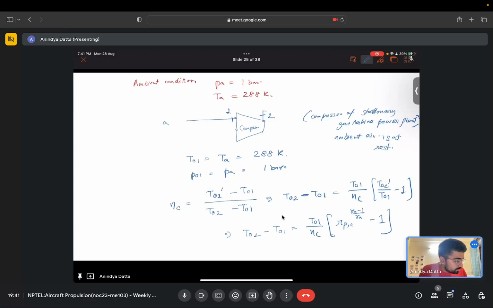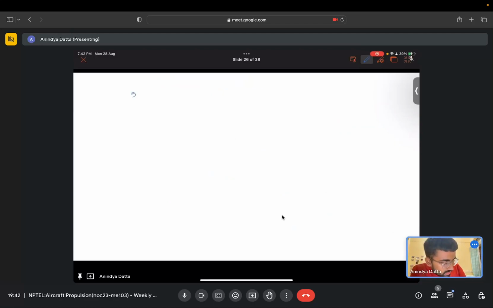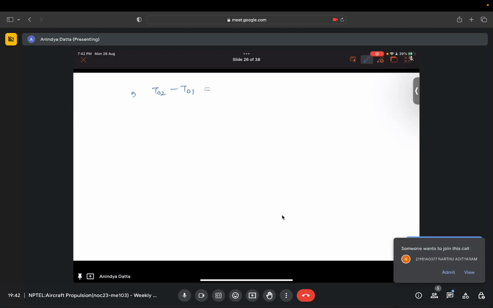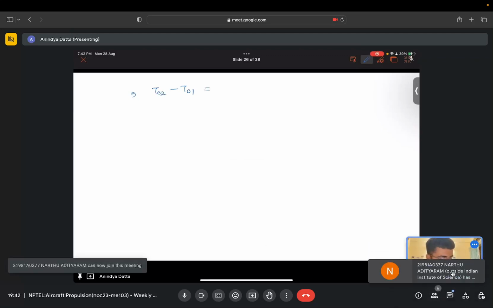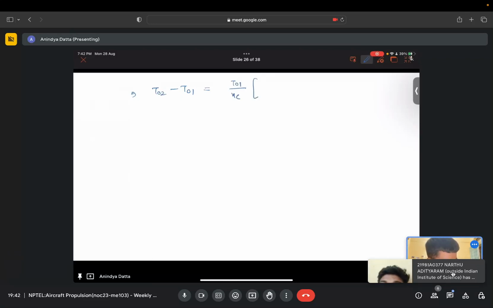Now if we put in the values, first I am computing the temperature difference, because temperature difference is what comes in while we compute work done, right? So T02 minus T01 is equal to T01 by eta c into Rpc to the power (gamma air minus 1) by gamma air.